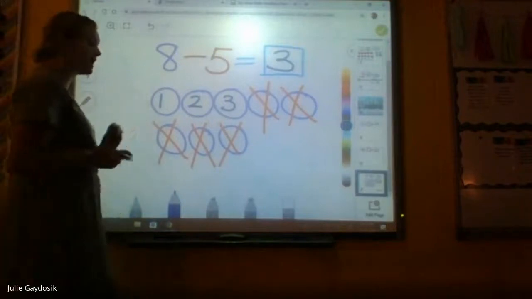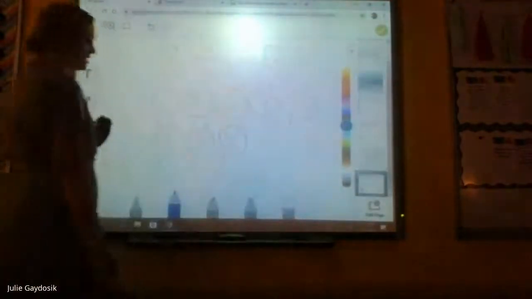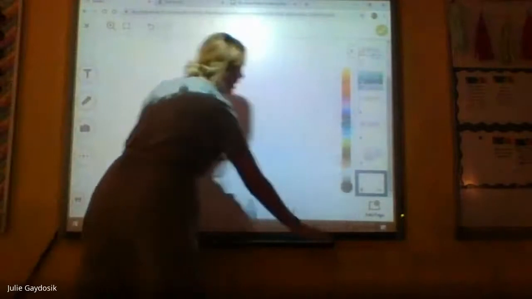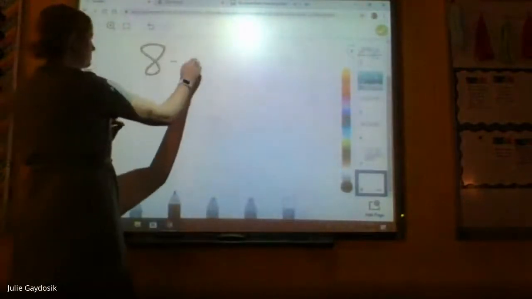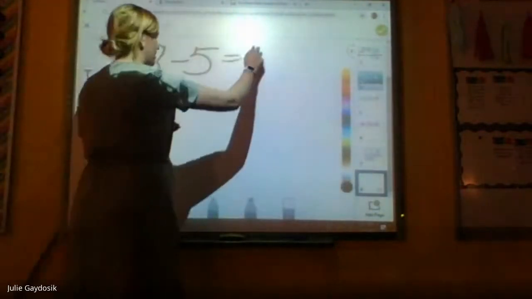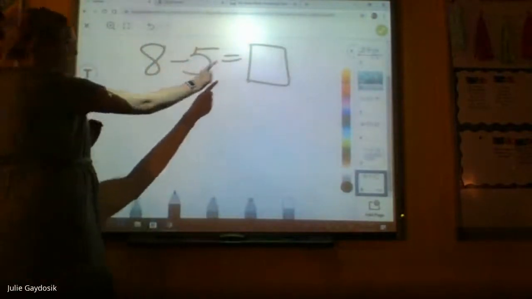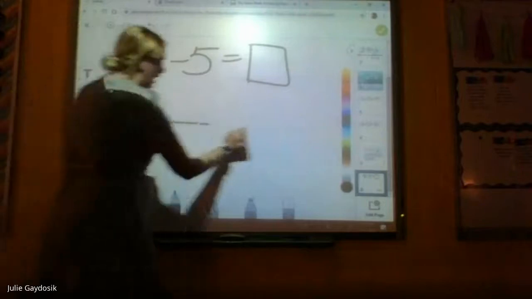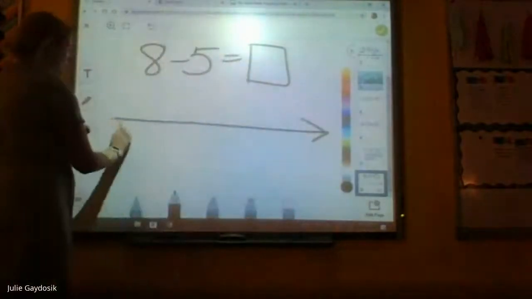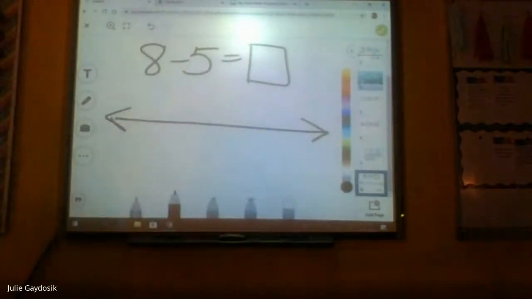Let's go ahead and do the same thing and solve 8 minus 5 equals unknown. So 8 bananas, monkey ate 5. How many are left? I want to do this with an open number line. It's good practice. You can always give me 2 strategies.